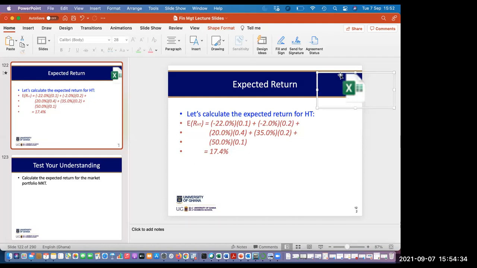It has opened. Okay, so when you click on the Excel icon, it will open the Excel sheet for you.